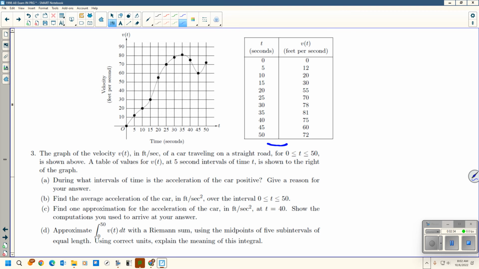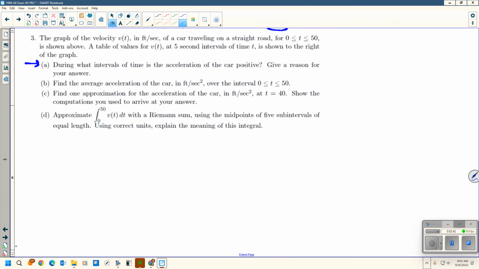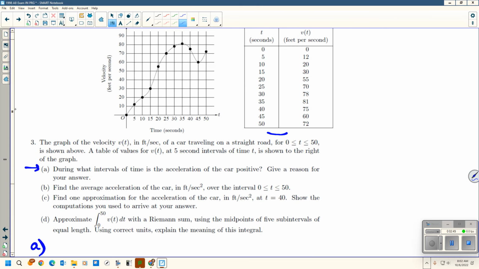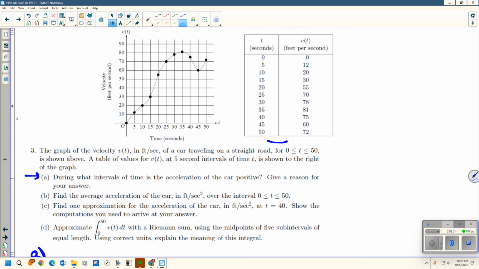So during what intervals of time is acceleration of the car positive? The first thing we need to identify is, how do I know what acceleration is if I only have velocity? Well, kids, we have position, velocity, and acceleration, and these are always one derivative away from each other.